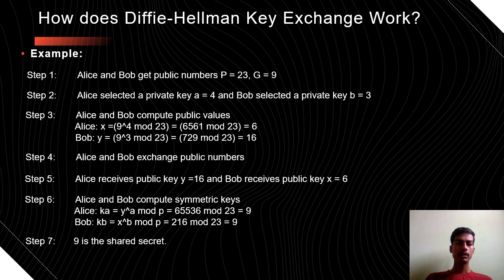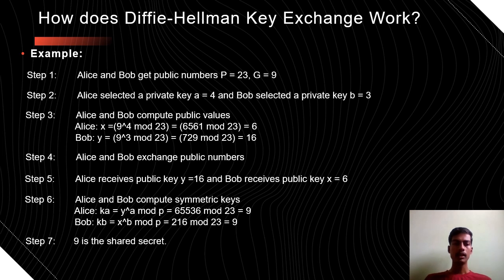This is an example of how the Diffie-Hellman key exchange algorithm works. In step 1, Alice and Bob agree on public numbers, P equal to 23 and G equal to 9. In step 2, Alice selects a private key a equal to 4 and Bob selects a private key b equal to 3.